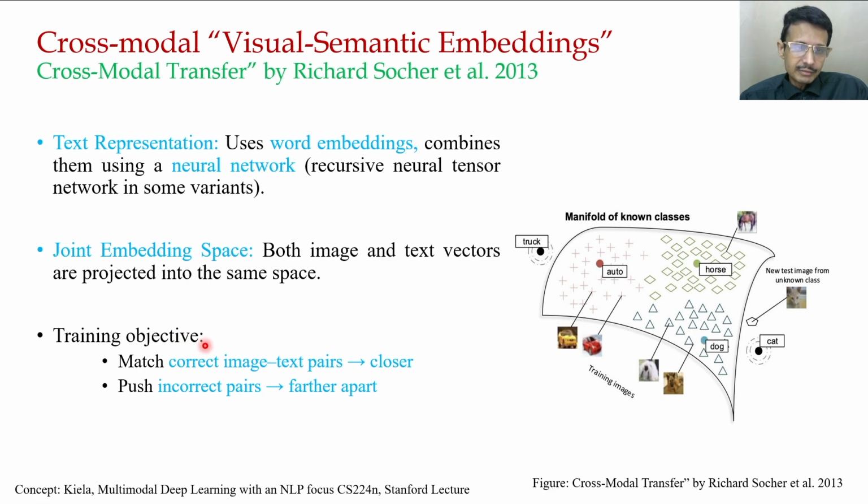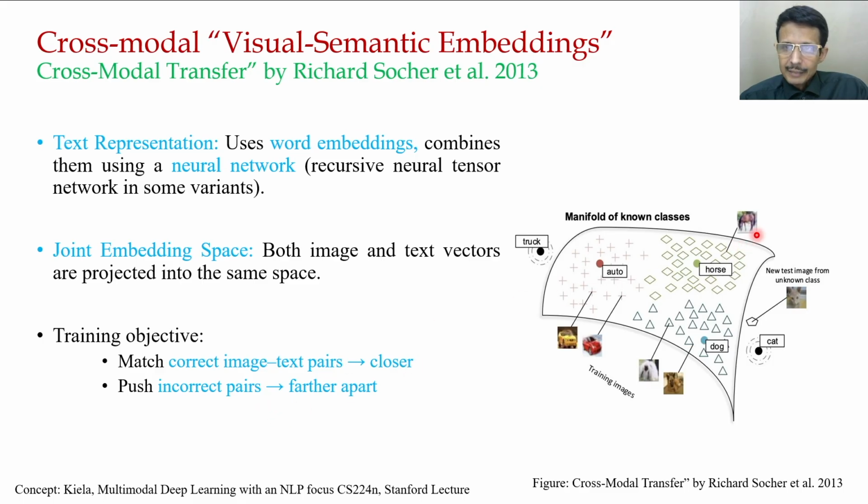So what is the training objective? To match the correct image-text pair. Correct image-text pair means there is an image of a horse and some text regarding the horse, then the projected points, the clouds, should be close. When the image feature and the text feature are projected into this kind of subspace manifold, or shared semantic space, these two should be close.